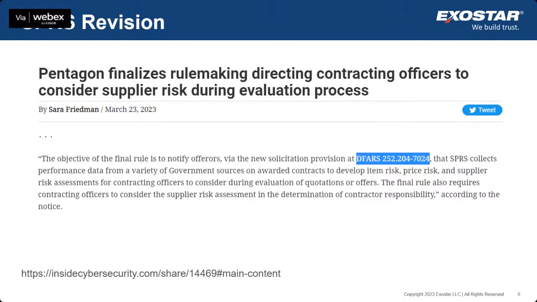And this allows DoD to consider that score in awards of contracts. Now, only DoD has access to the SPRS system. However, what we are hearing is that a number of prime contractors are now also asking their subcontractors what their SPRS score is and their plans to address it or raise it, utilizing that NIST 800-171 self-assessment as the baseline to create that score.